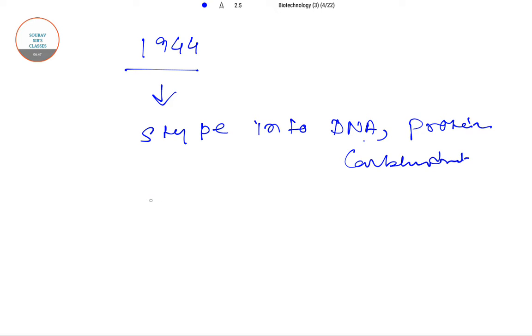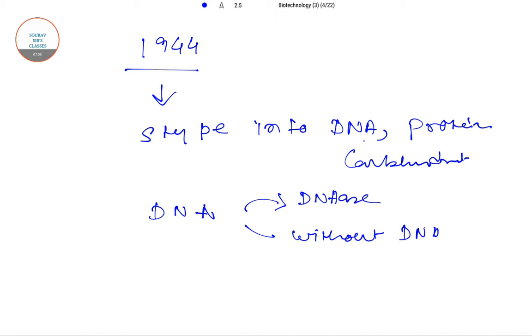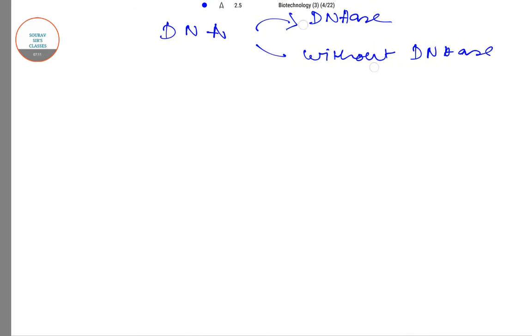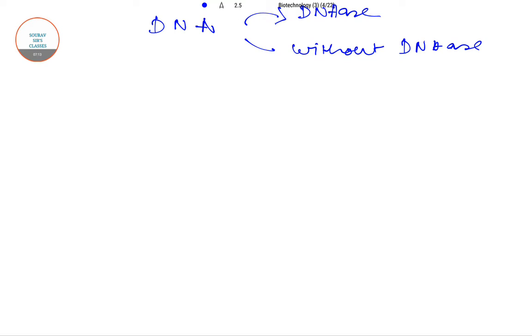The DNA fraction was further divided into two parts, with DNase and without DNase. Now these components were added to separate culture tubes containing live R-type bacteria.